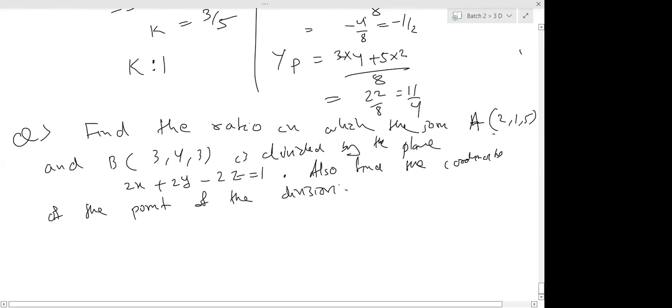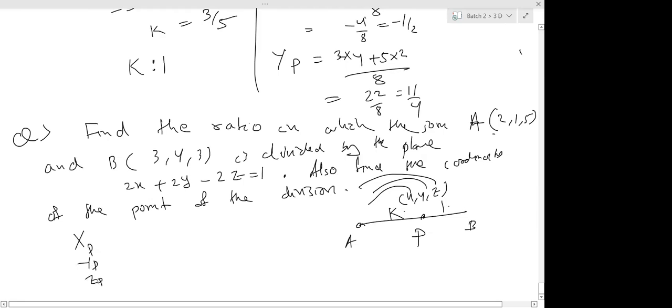In this question also, assume this is point P and the coordinates are x, y, z. Assume the ratio k is to 1. Find the x, y and z coordinates in terms of k and 1. Apply the formula to find xp, yp and zp in terms of k.